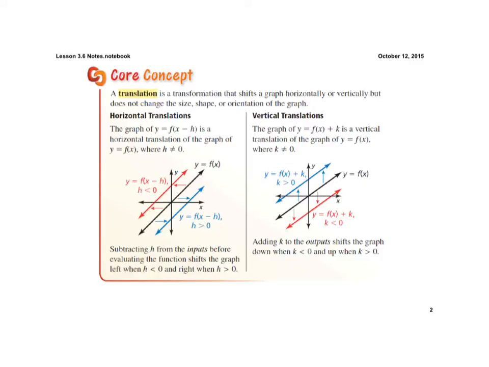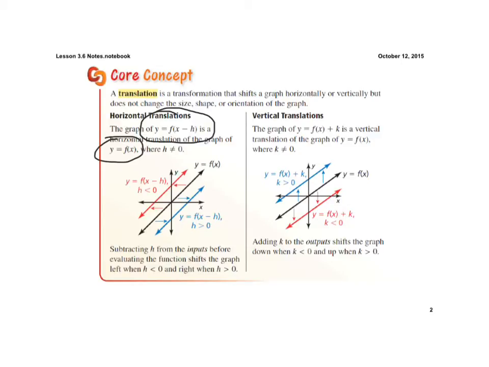And then vertical translations would move up or down. Now the main thing with the horizontal translation is that if the original function is y equals f of x, the translated function would be y equals f of x minus h. The x minus h is inside the parentheses, and that is what shifts the graph horizontally.